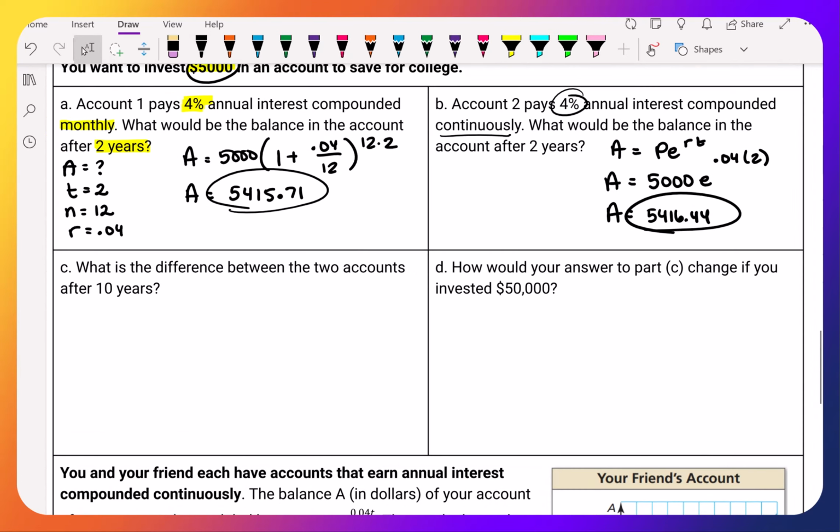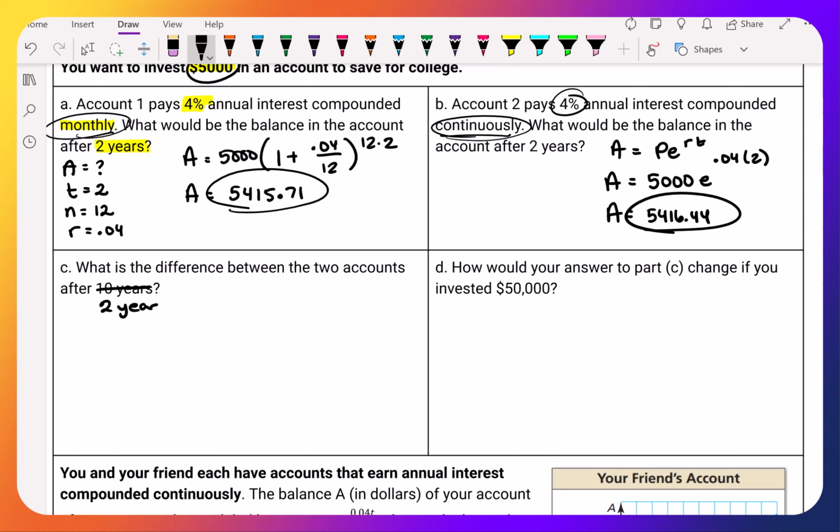Everything is the same in A and B except that this one is compounded monthly, and this one was compounded continuously. So this one says, what's the difference between the two accounts after, it should say 2 years? We've already figured out how much money's in the account after 2 years. All you have to do is subtract these two numbers.